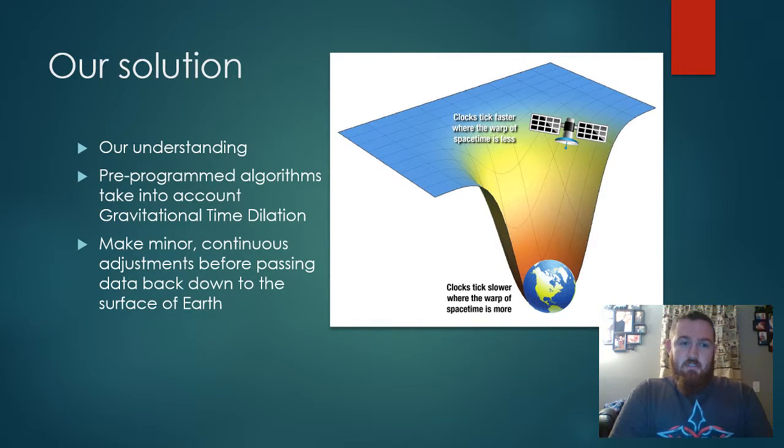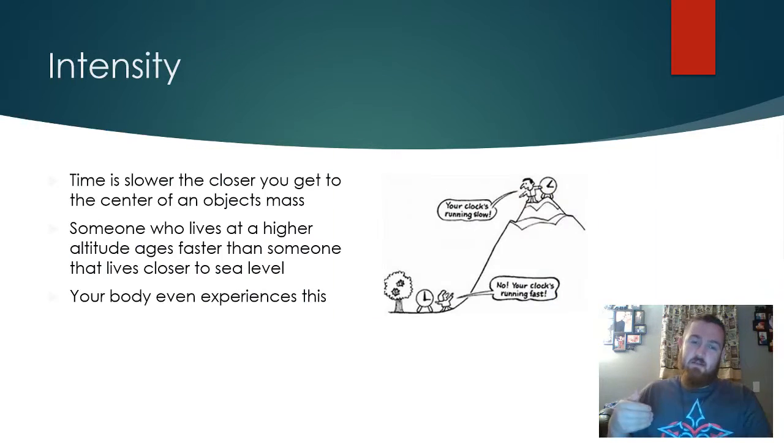Our solution to this is basically our understanding of time dilation. We know enough to be able to calculate those changes between the satellite's position and us down on Earth. So we can pre-program algorithms to take into account that dilation, make minor continuous adjustments, and then the satellite passes that with the information and data back to us with those adjustments.